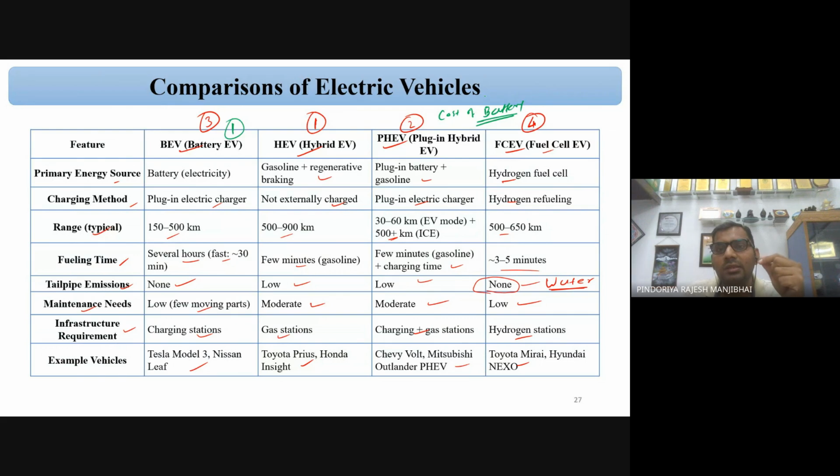So that's why we can say the battery operated electric vehicle is much more costly compared to the other vehicles. In this case, the battery is the heart of the electric vehicle because everything is operated by the battery. But in the case of the hybrid electric vehicle, we have an ICE engine plus battery.